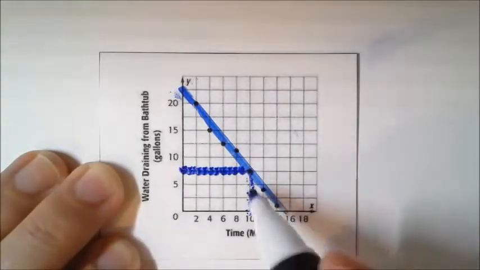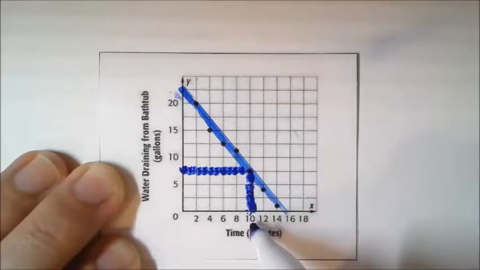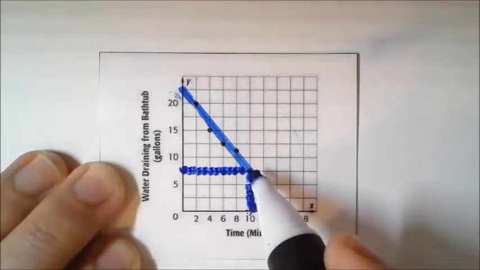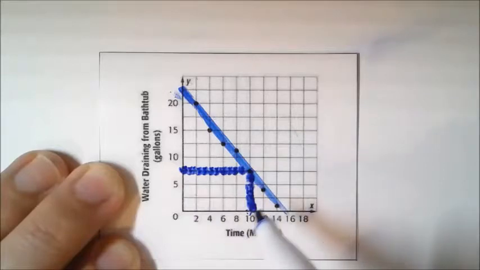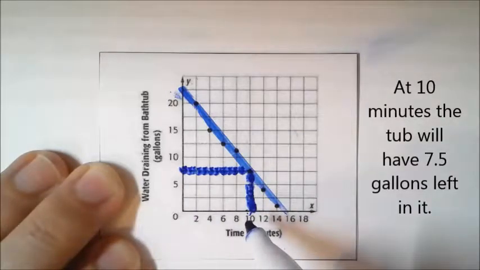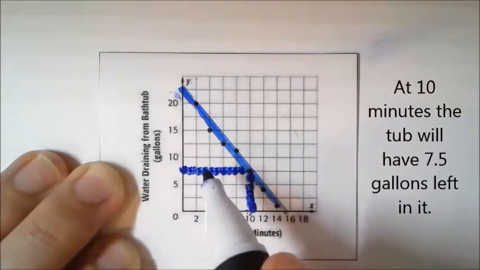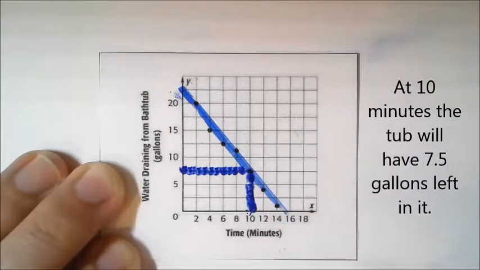It hits my line right there. If I go across, it looks like they are going by 250, so that's 250, 500, 750. So I would say 750. At 10 minutes, my tub will have 7.5 gallons left.